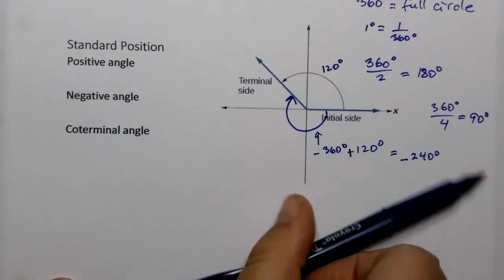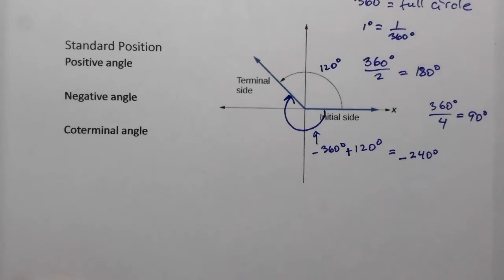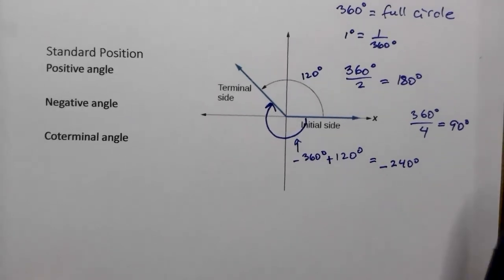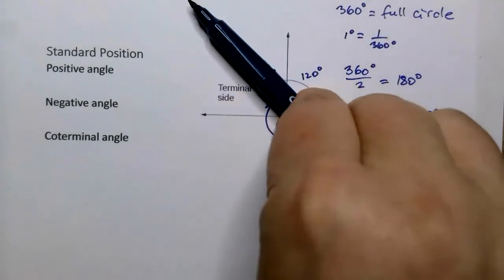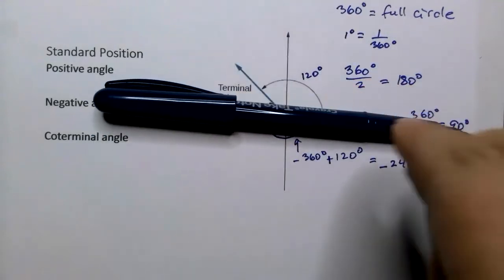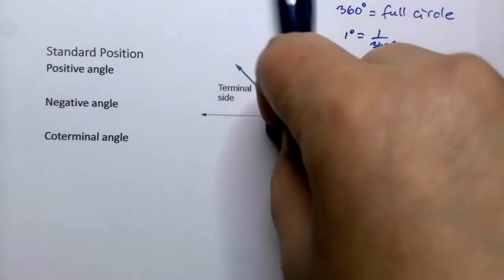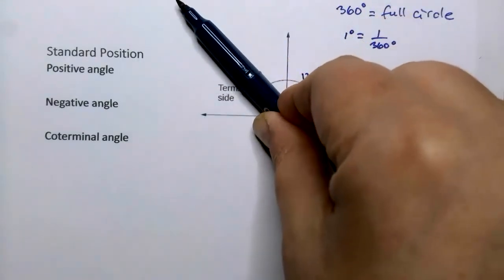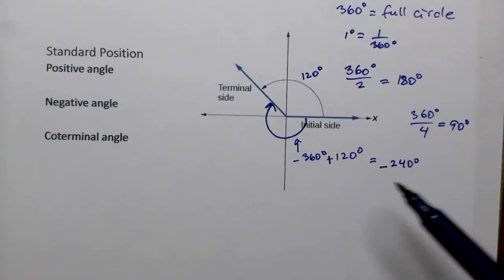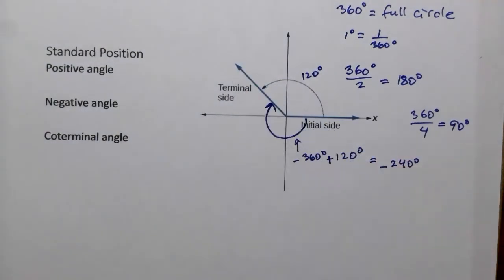The point that I'm making right now is that if you rotate this angle 120 degrees in the positive direction or 240 in the negative direction, then you end up in the same position of your terminal side.